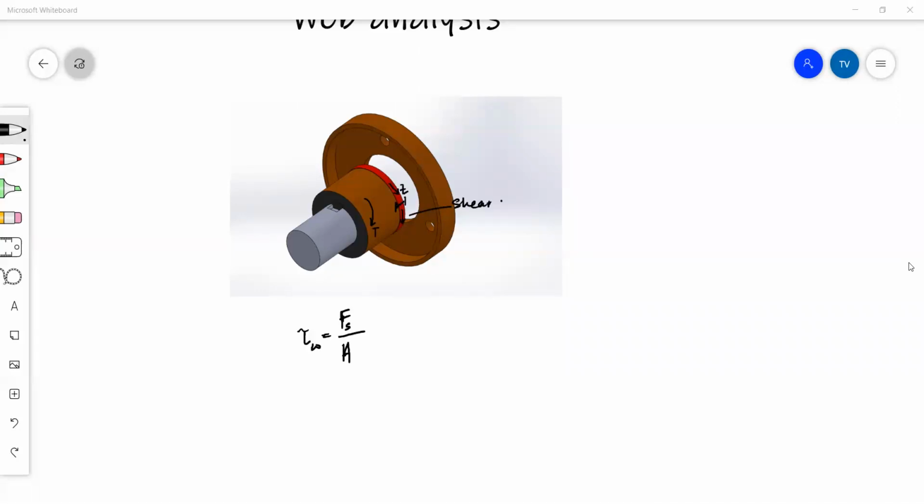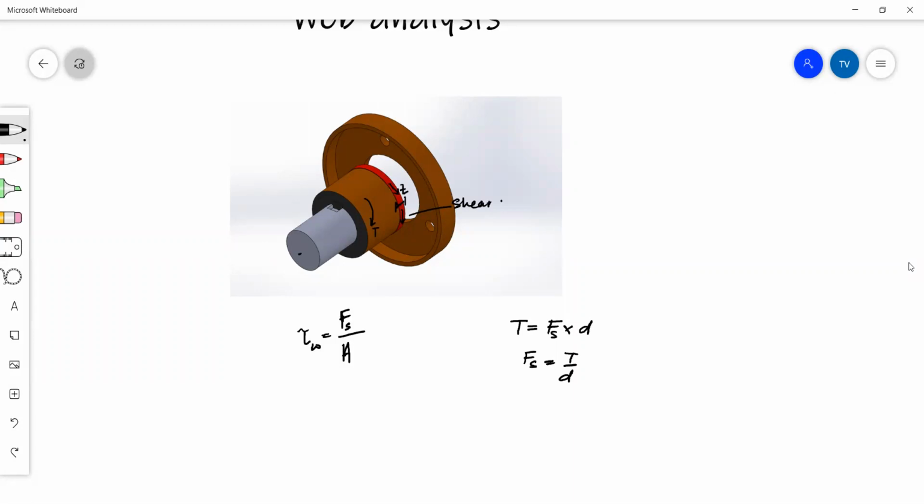To find our force at each stage, we have to relate it to the torque. So once we've calculated our torque from our torque analysis, we can find our force. Torque is force times distance. If we make force the subject of the formula, that becomes torque divided by the distance. And the distance is taken from the center of the shaft to the center of the surface.